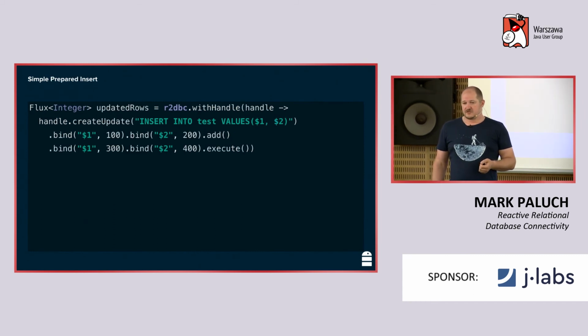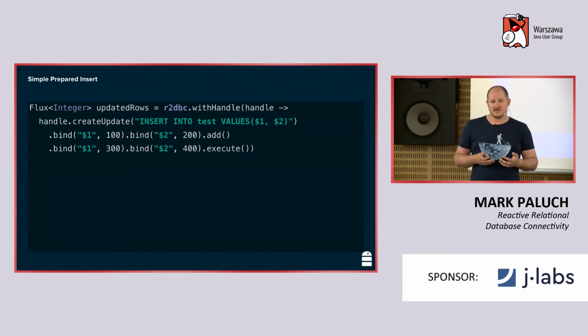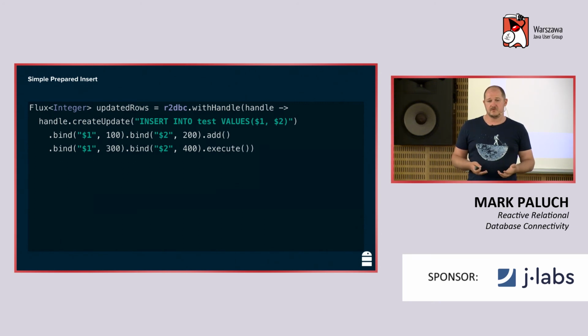If we want to engage in modifying activity, like an insert, we need to specify, again, SQL. We can't work around that, probably. We use, in this example, the very same withHandle method to also express we want to apply this activity within the scope of a connection.